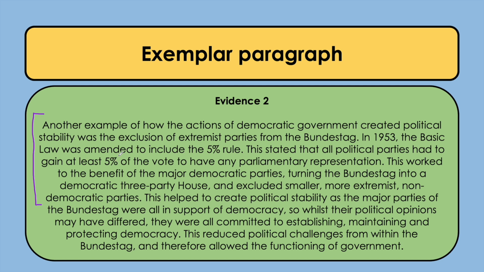And the particular example that I have made reference to here is the introduction of the 5% rule in 1953, which, as we've explained there, helped to exclude any extremist parties from the Bundestag because a party had to achieve at least 5% of the vote in any German federal election in order to gain representation within the Bundestag, which essentially created this democratic three-party house between the CDU, the SPD and the FDP as well.